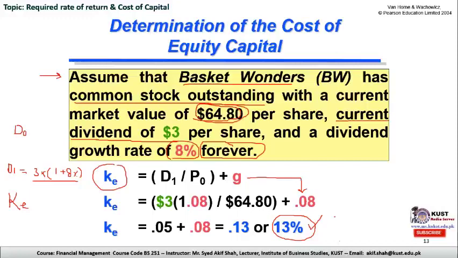Another way around, we can also explain that if somebody has invested $100 in this company's stock, then at the end of the first year, they will earn $13 as common stock return. Or another way, we can say that this revenue, what is considered as revenue or income for the shareholder, is actually the cost to the company. So the cost of utilizing the equity source by this company is 13% annually.